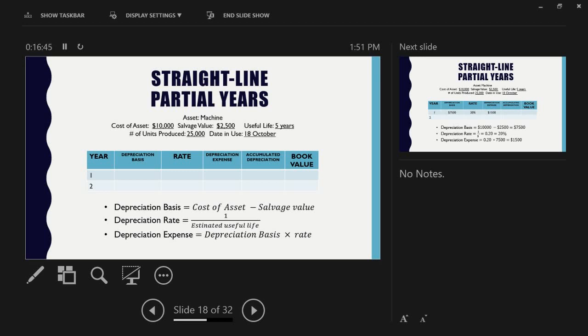So how do you adjust it? 2 months out of 12 months is 1/6. Or 0.16666666. 1 divided by 6, so 0.16.